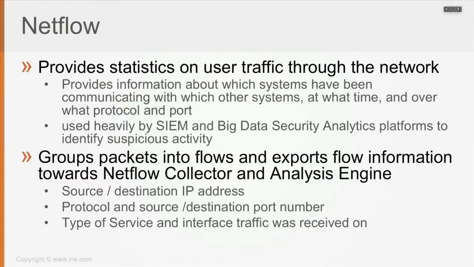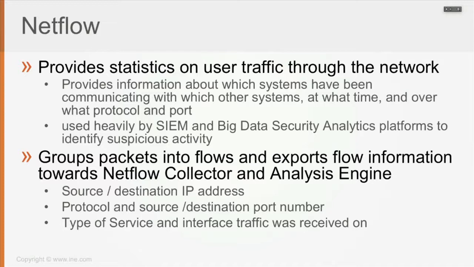Now what Netflow does is group packets into flows. So packets with the same characteristics, like the same protocol, source port numbers, destination port numbers, source IP, destination IP, all of them are going to be part of the same flow. And then Netflow exports flow information towards a Netflow collector and analysis engine.